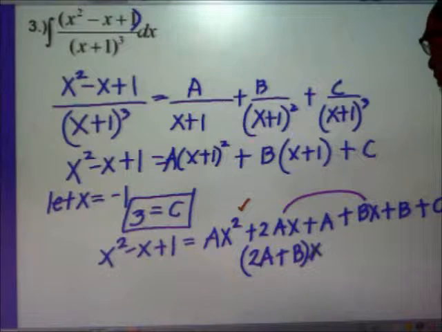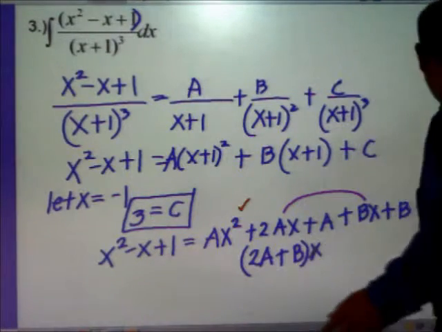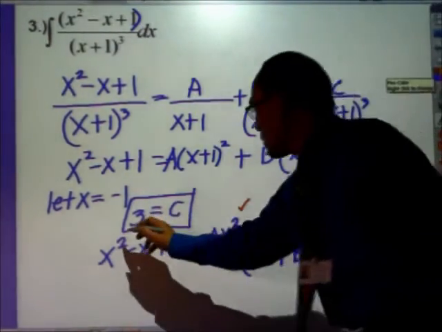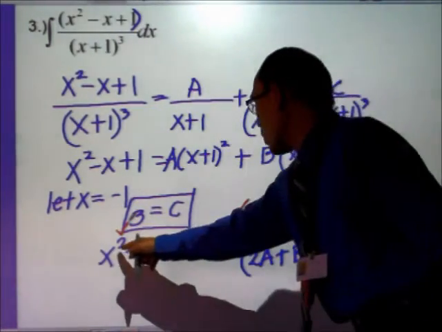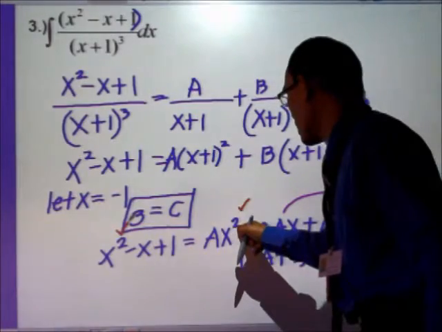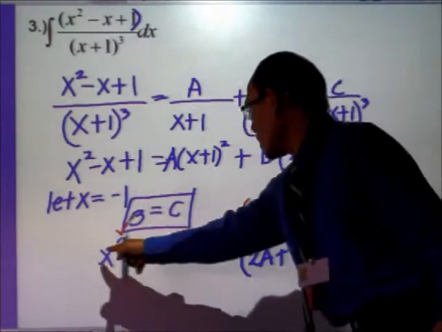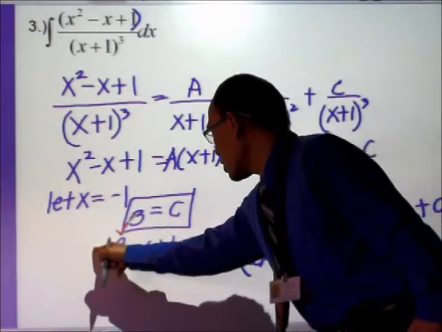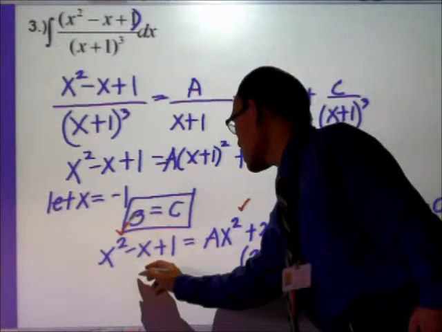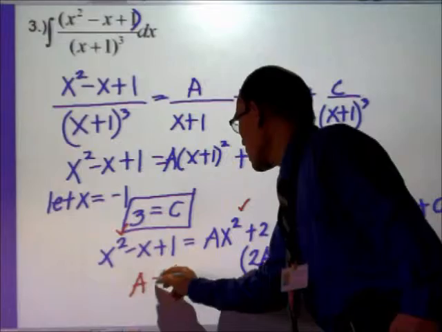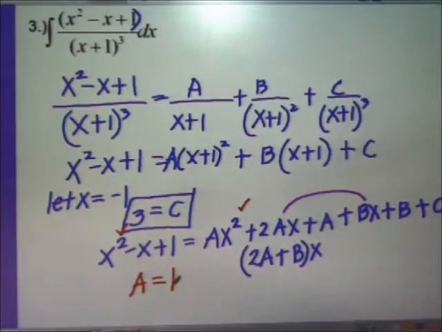So when I say equate coefficients of powers, notice that on the left hand side, we have exponent 2, and on the right hand side exponent 2. That means the numerical coefficient here is just 1 and here a, so that means a equals 1.